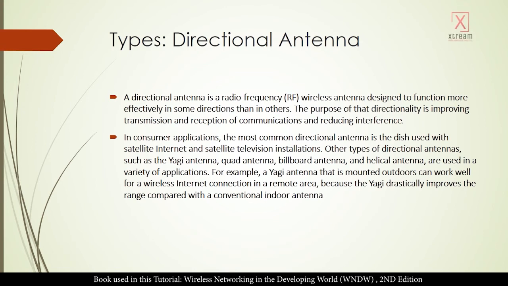Let's say, for example, we have a Yagi antenna which is mounted outdoors, and it can work well for a wireless internet connection in a remote area, because a Yagi antenna drastically improves the range compared with the conventional indoor antenna or other antennas we use inside our homes.